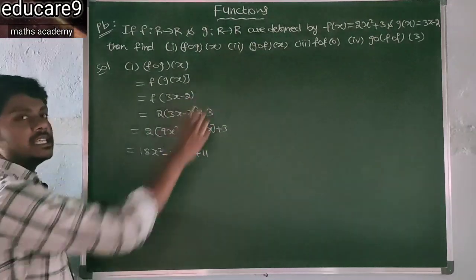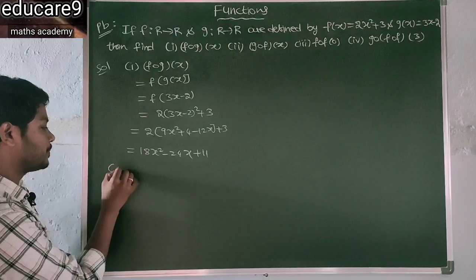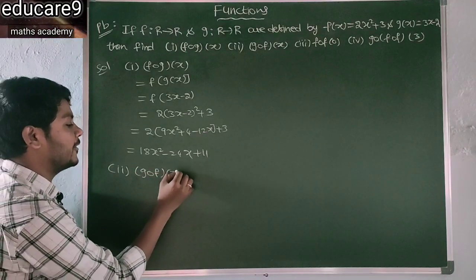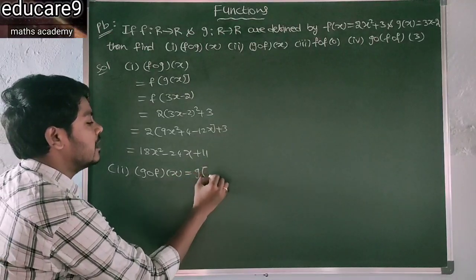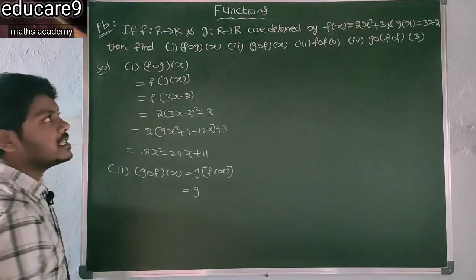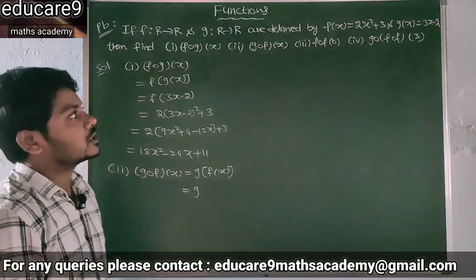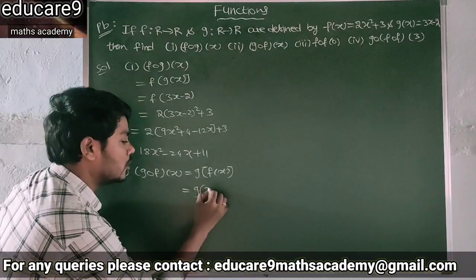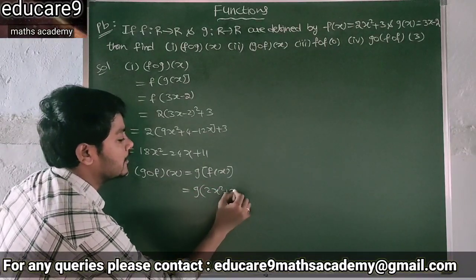And the second one, g circle f of x. So g circle f of x is written as g of f of x. So what is f of x value? That is 2x square plus 3. So right here 2x square plus 3.